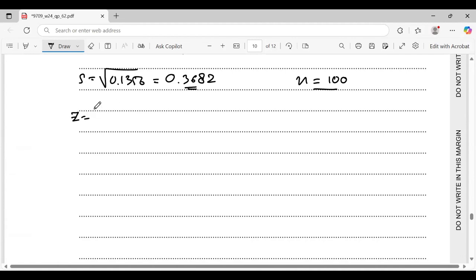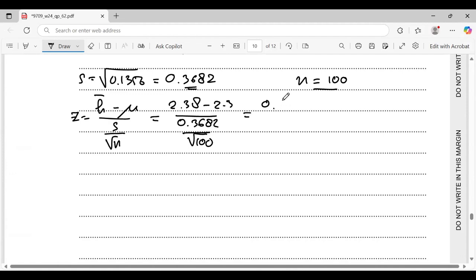So z equals sample mean minus mu over s over root n. 2.38 minus 2.3 over 0.3682 over square root 100. The numerator is 0.08, yes, correct. And the denominator is 0.03682. So z equals 2.173.